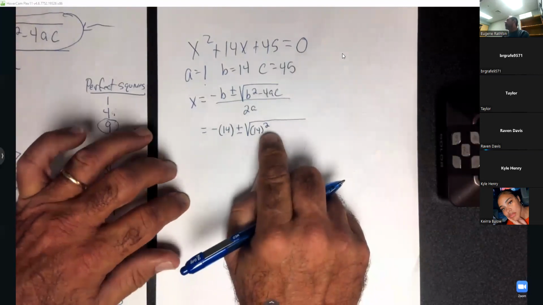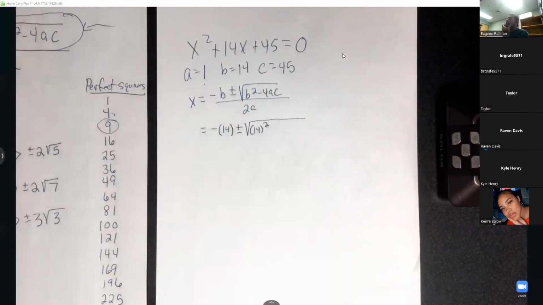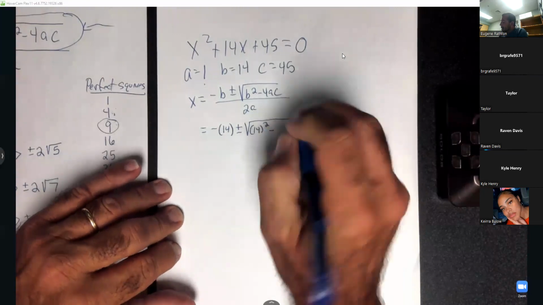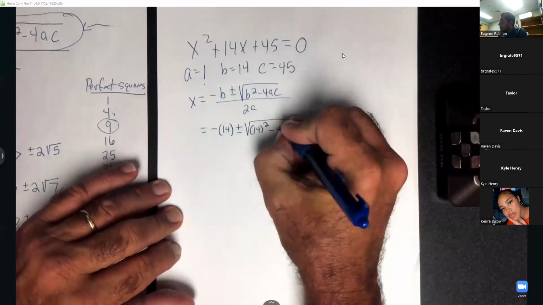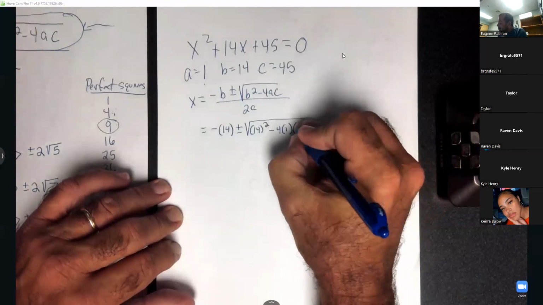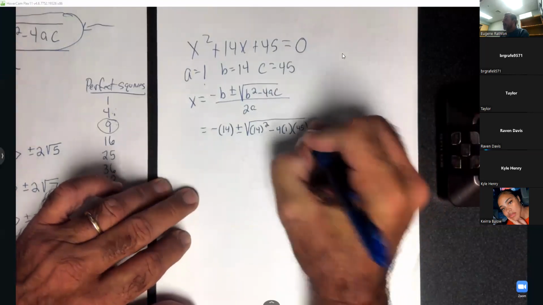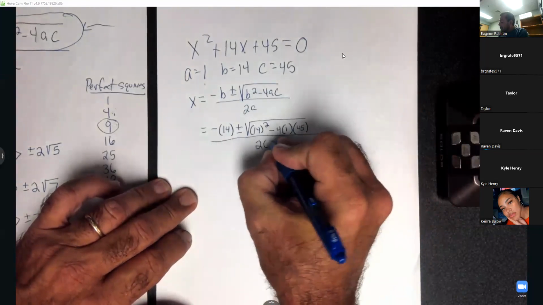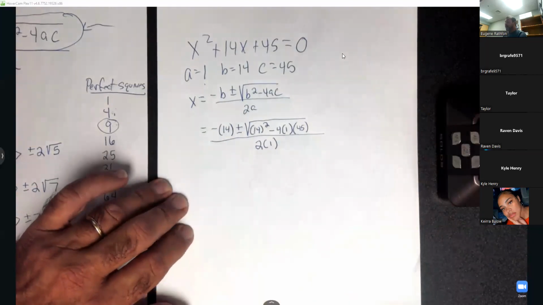I use parentheses on that because if you don't put parentheses around that 14 and you put in a -14, for negative numbers, it'll give you the wrong answer. Any number squared has to come out positive, okay? And then it's minus 4 times A, which is 1, times C, which is 45. All of this will be divided by 2 times my A, which is 1.